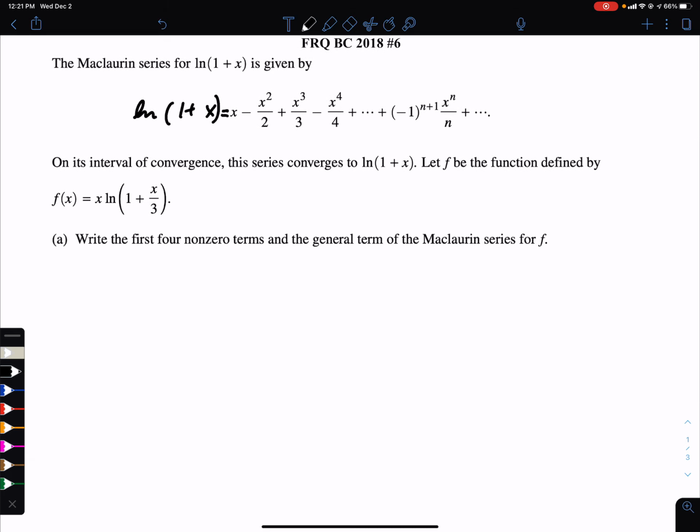So we're going to go one step at a time. We don't want x, we want x over 3. So we're going to use the composition. We're replacing x with x over 3. So we do that in each term.